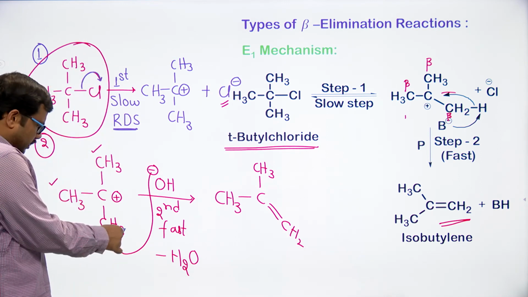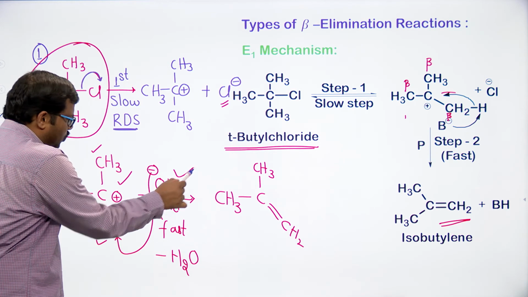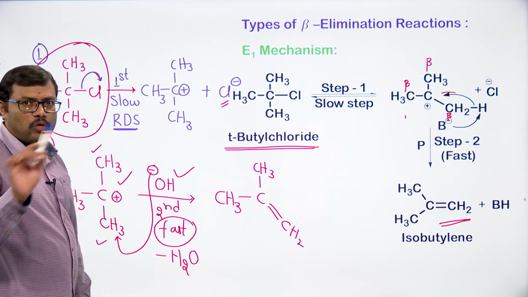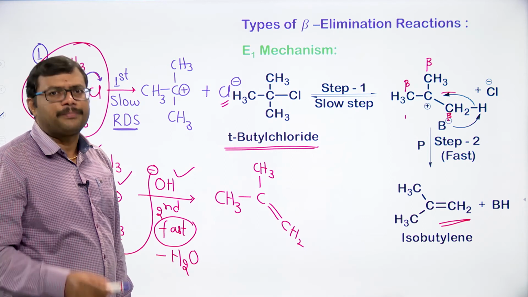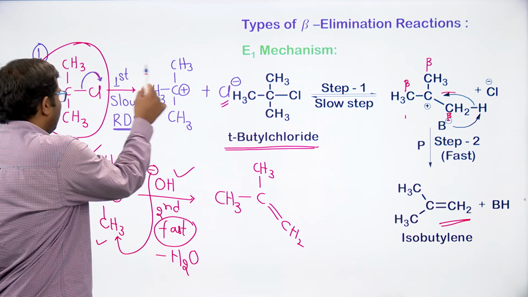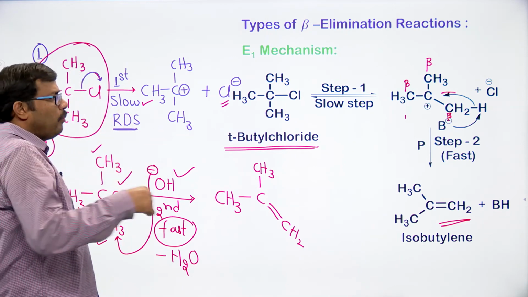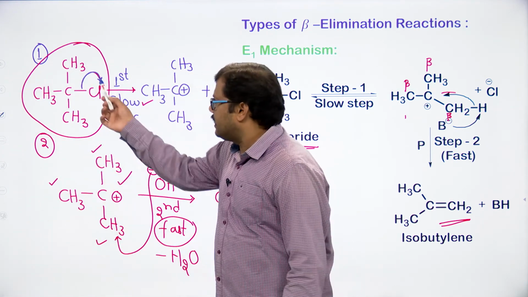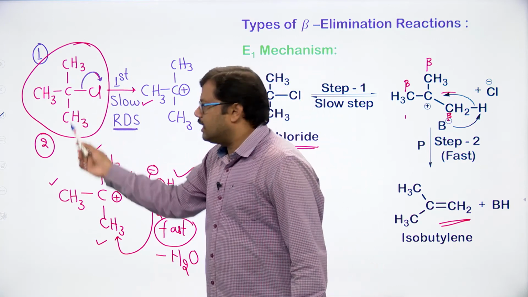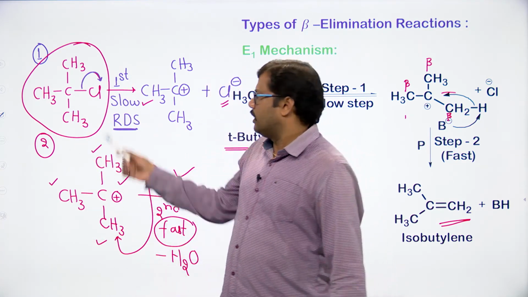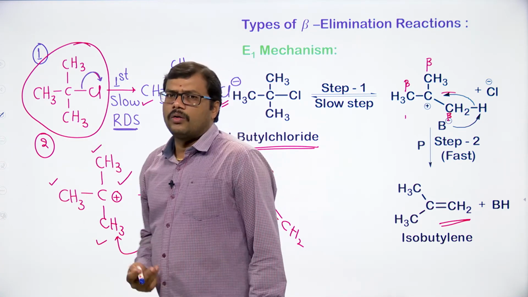If you observe here, this species and this species both are involved in the second step, but the second step is the fast step. So, we won't consider the fast step for rate determination. In the slow step, how many species are present at the reactant side? Only one molecule is present. What is that? The tertiary butyl chloride.